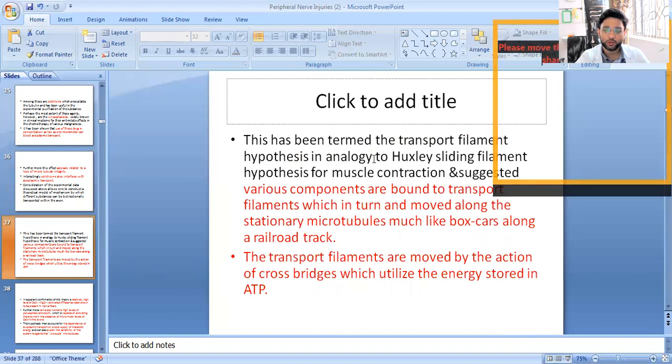This has been termed the transport filament hypothesis, in analogy to Huxley's sliding filament hypothesis for muscle contraction, and suggests various components are bound to transport filaments which in turn are moved along the stationary microtubules, like boxcars along a railroad track. The transport filaments are moved by the action of cross bridges, which utilize the energy of ATP.